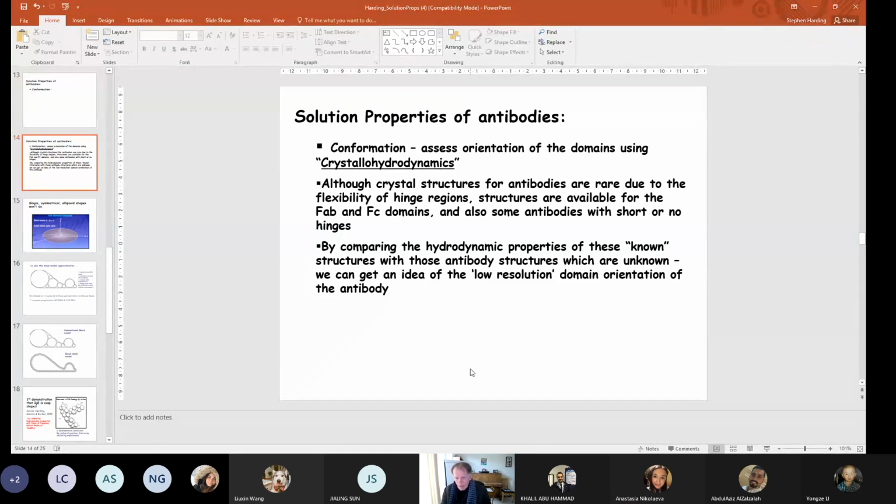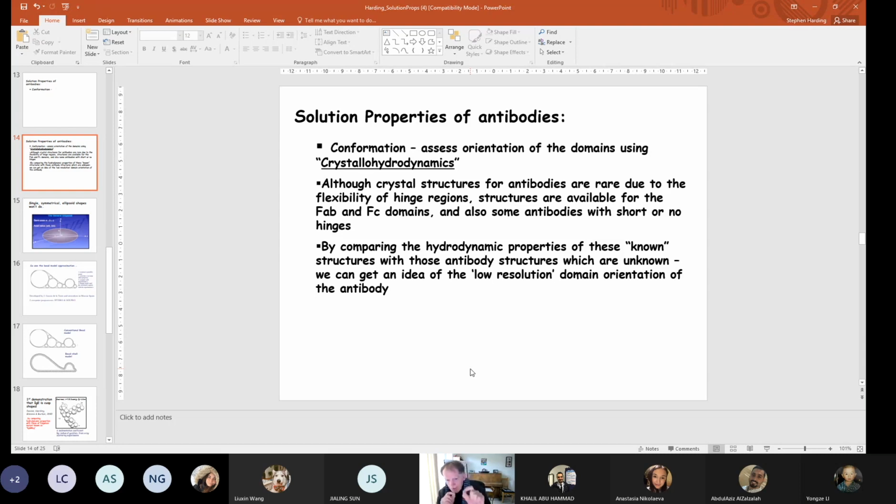So we combine three pieces of information together: the known crystal structures of the Fab and Fc domains, the measured solution properties of the Fab and Fc domains, and the measured solution properties of the intact molecule, and then we can predict what the structure of the intact antibody molecule is.